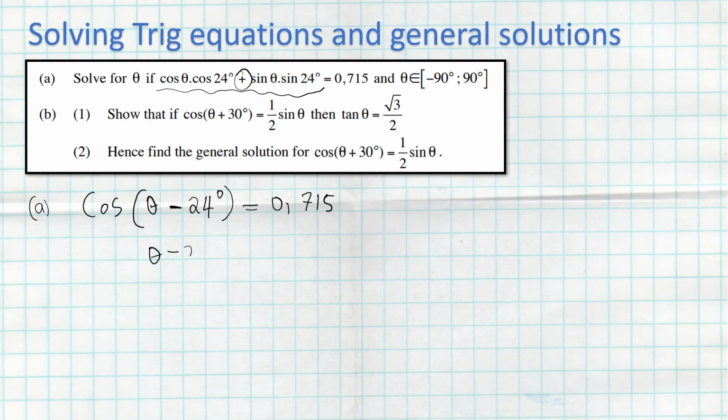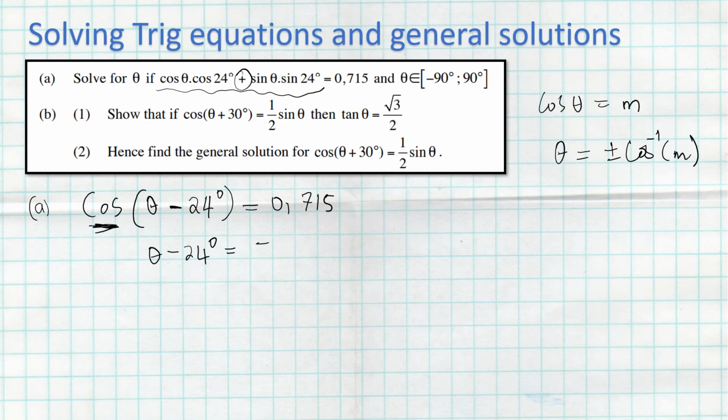So theta minus 24 degrees will be equal to, remember the rule for cos, I think we covered that in that session, but let me just repeat it also. If I have cos theta equals m, the rule for cos says theta equals plus or minus arc cos m, right? So even here I want to solve for this.